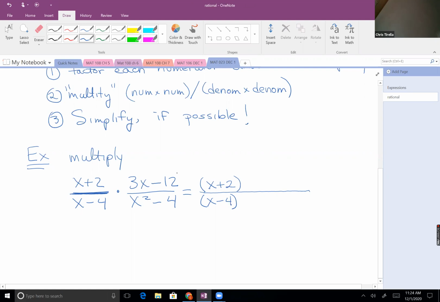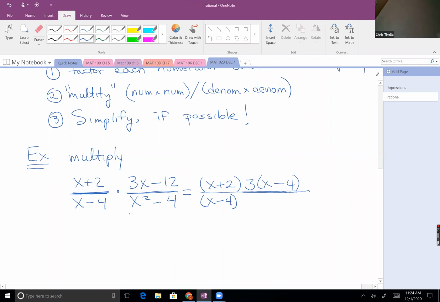Now I'm going to look at this next numerator, 3x minus 12. Is there anything in common there? Common 3. And we'll have left x minus 4. That numerator factors into 3 times parentheses x minus 4.